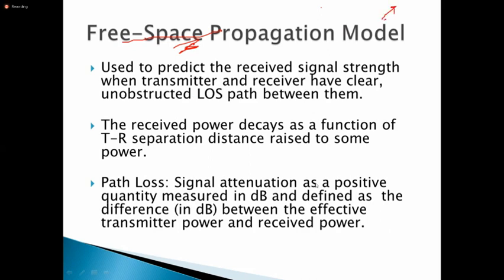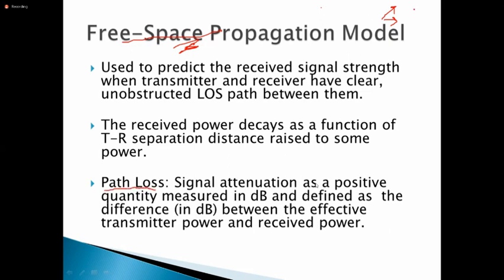I was talking about two propagation models in the previous slides: one is small scale fading, the other is large scale path loss, right? Large scale path loss happens due to the transmitter receiver separation distance, right? So the free space propagation model talks about the large scale path loss.